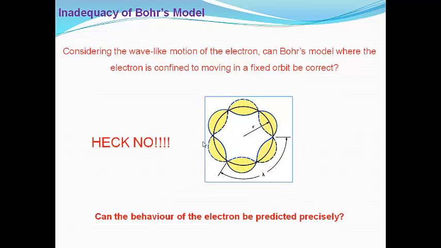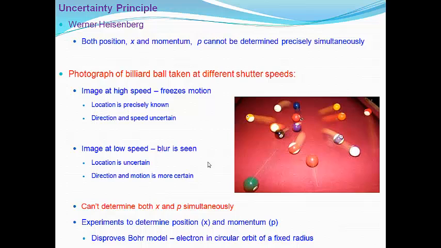And so the question then is, can the behavior of the electron be predicted precisely? Can the motion of the electron be predicted precisely? Can the position or the location of the electron be predicted precisely?